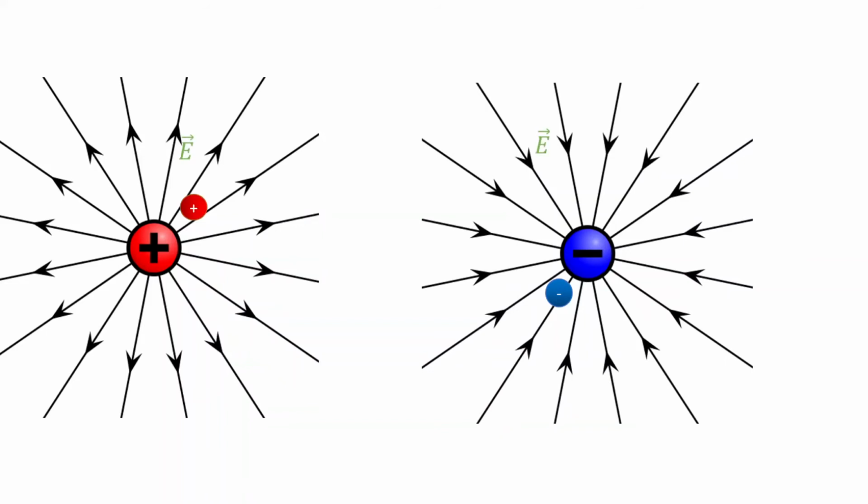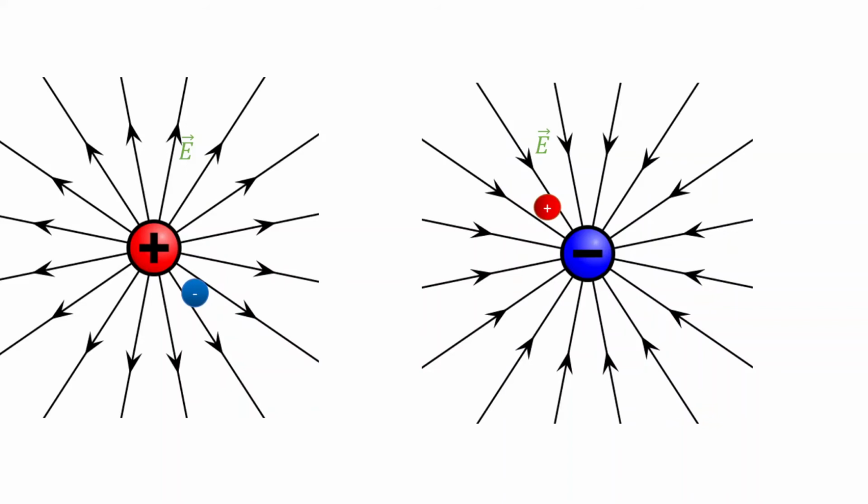These electric fields extend out from the positive toward the negative charge. But in which direction will the positive and negative charges move? You know that the force between positive and positive is repulsion, and it is an attraction between positive and negative.